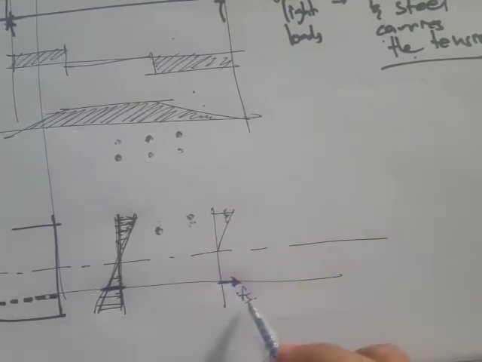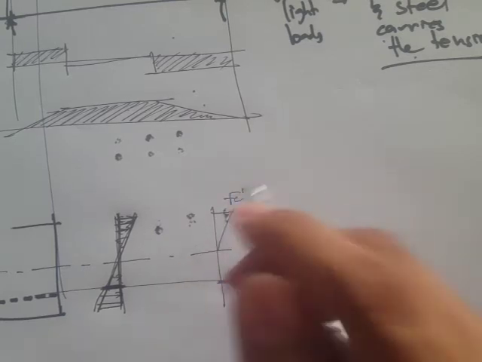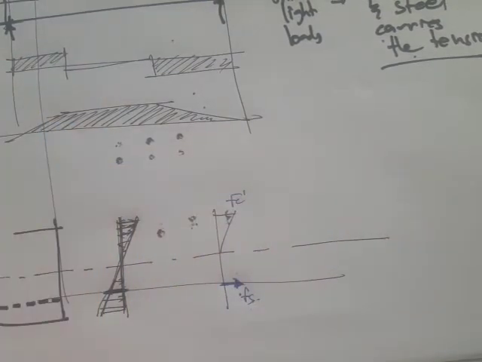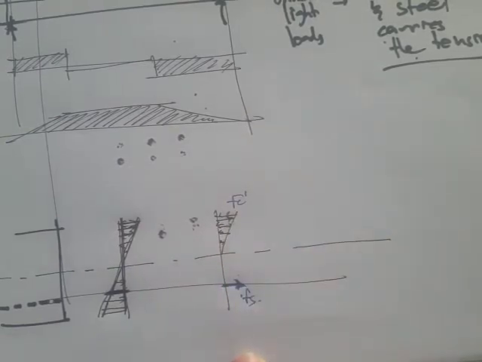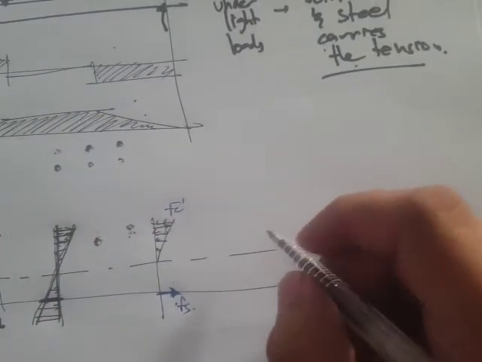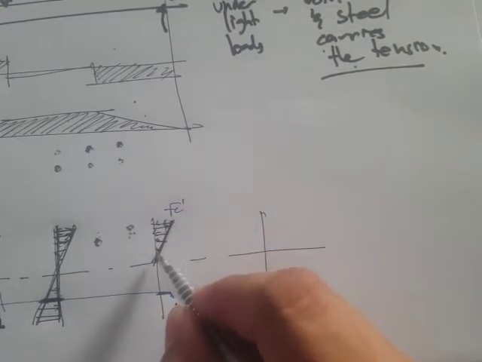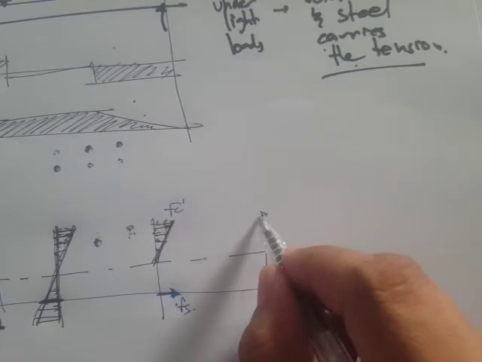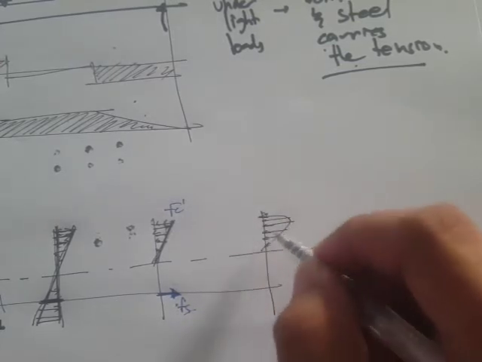We use Fs for the strength of steel, and Fc prime for the concrete compressive strength. This is under medium loads. Then if we increase the load some more, we no longer have a uniform distribution, but rather something like a parabolic distribution.